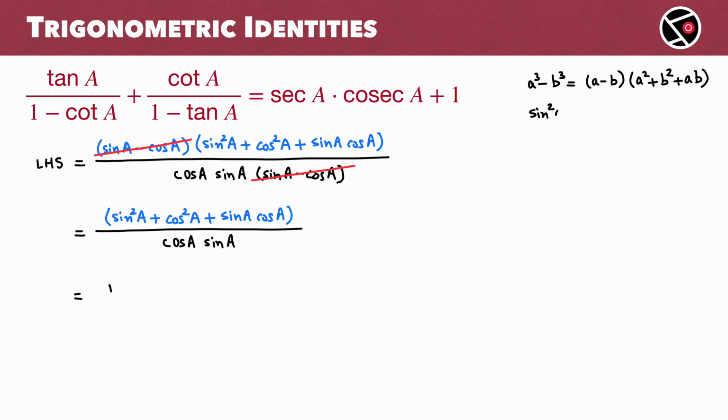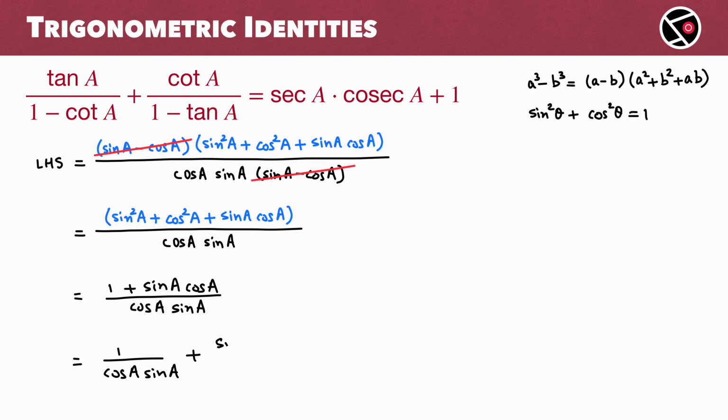Sine square theta plus cos square theta equals 1. We also have plus sine A cos A over cos A sine A. Let me split this expression into two parts. 1 over cos A sine A plus sine A cos A over cos A sine A. Cancelling the common factors in the second term, we are left with 1.